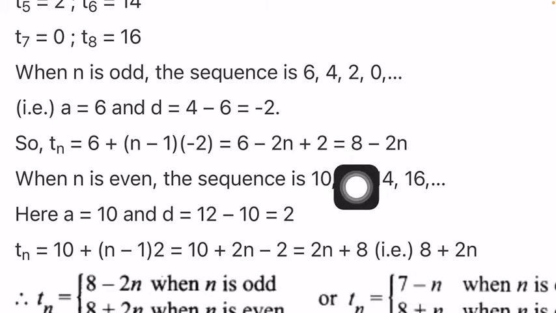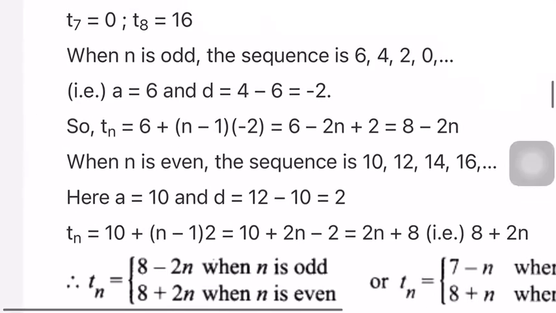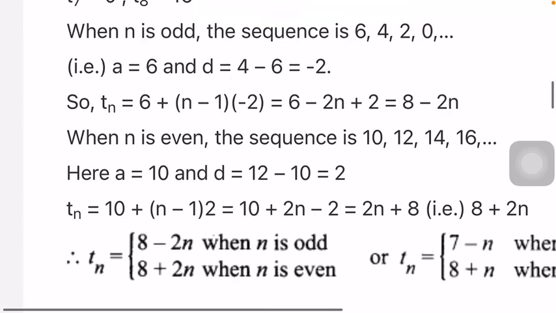Here it is 8 minus 2n and here it is 8 plus 2n. So it is 8 minus 2n when n is odd and 8 plus 2n when n is even.